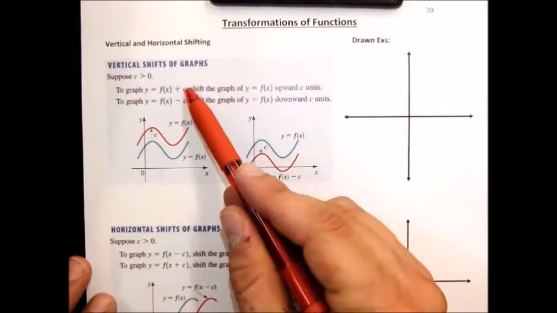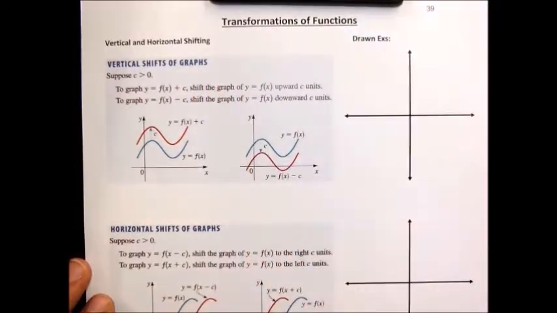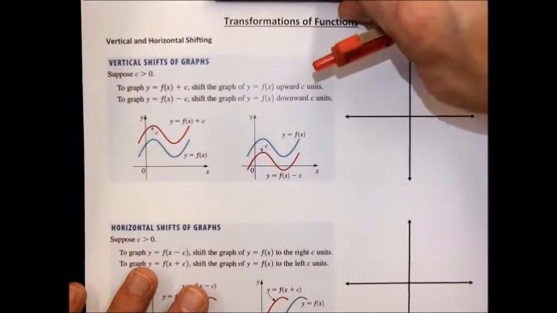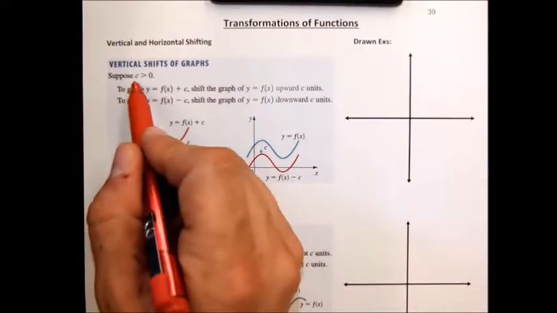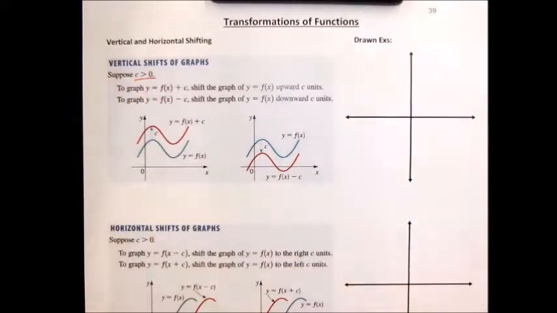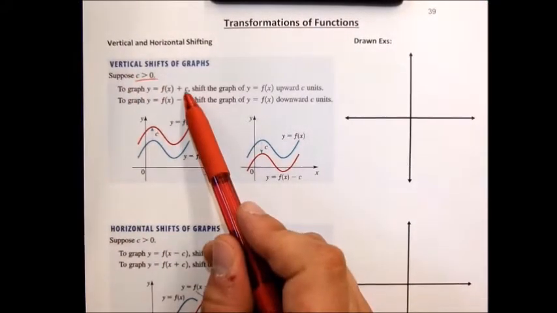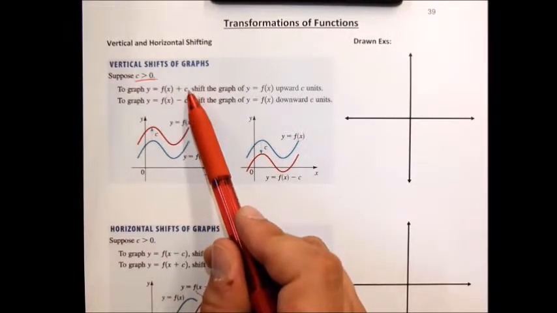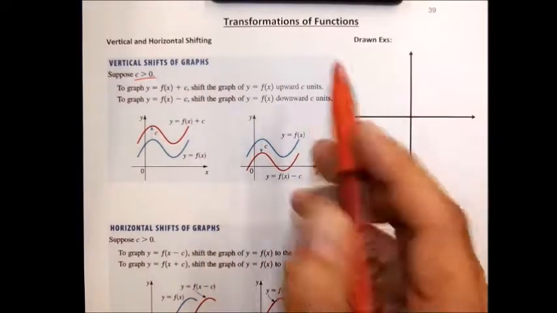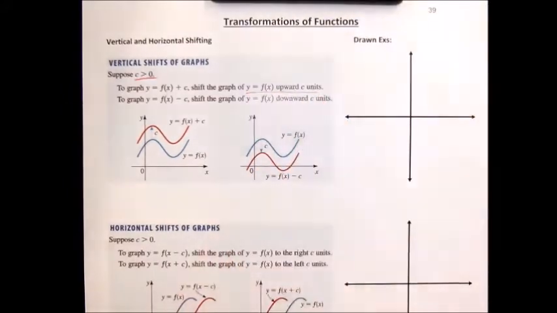So the first thing is vertical shift. This is the one that's usually the easiest to learn, so that's why it's first. And what this box is showing us is that if we have c, which is some positive number, and we add c on the outside of a function, so we take a function and we add c to it, it moves that function up by c.